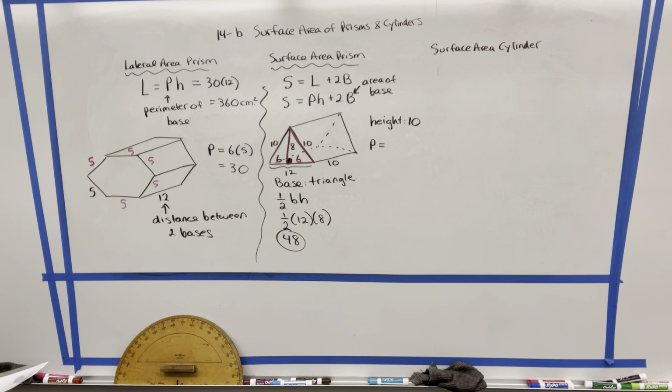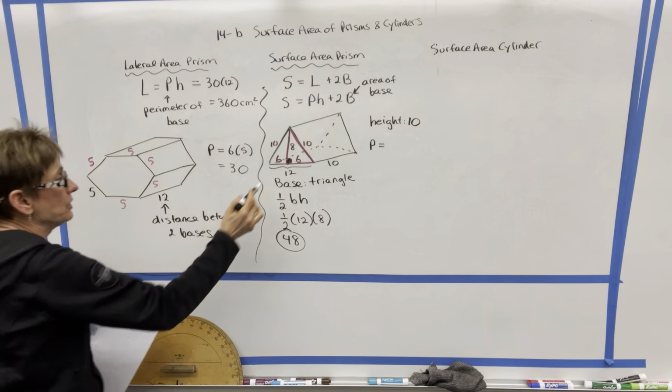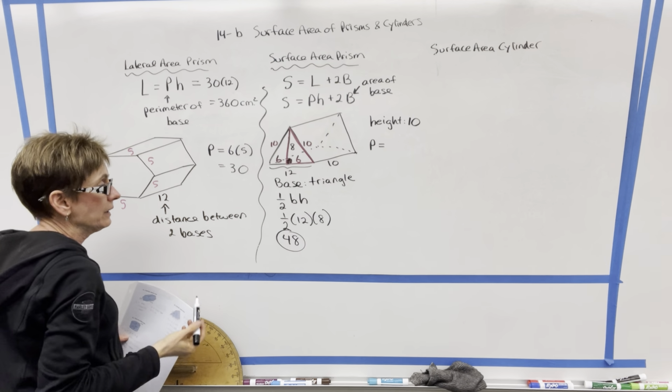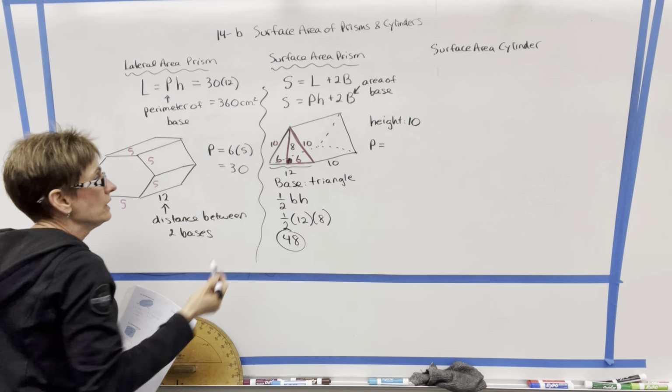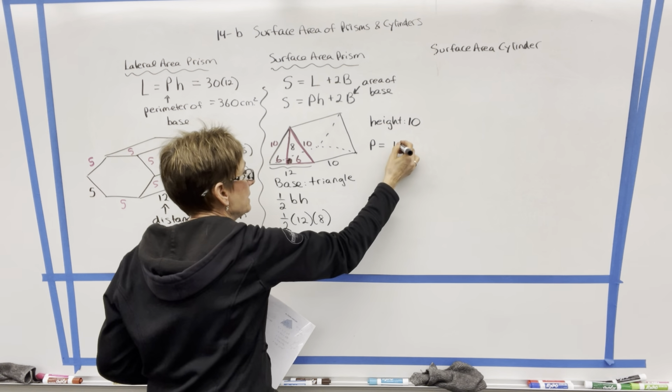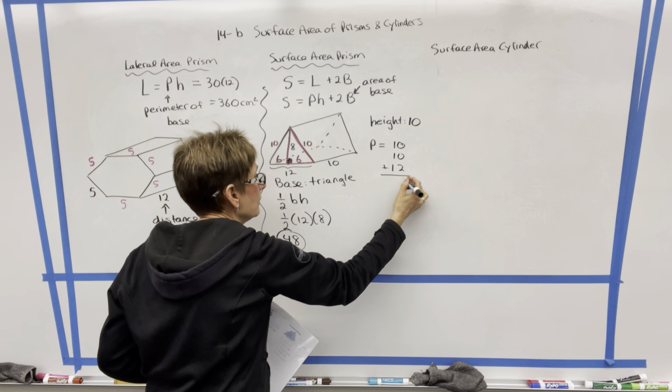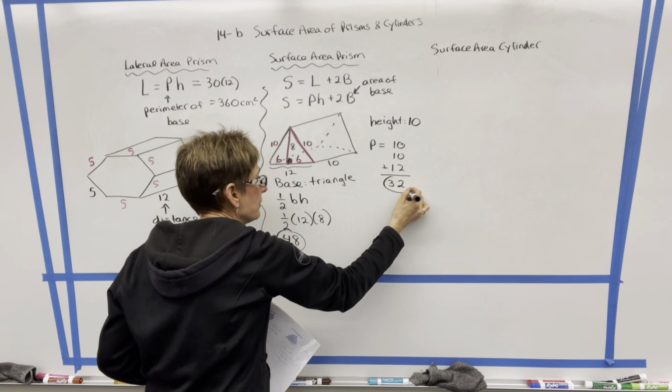That's not a regular triangle because the three sides of the triangle are not the same. But we can still find the missing information here by doing Pythagorean theorem. This is a 3, 4, 5 triangle multiplied by 2. So the perimeter is going to be 10 plus 10 plus 12, which would be 32.